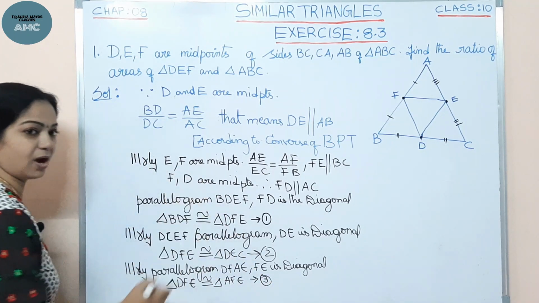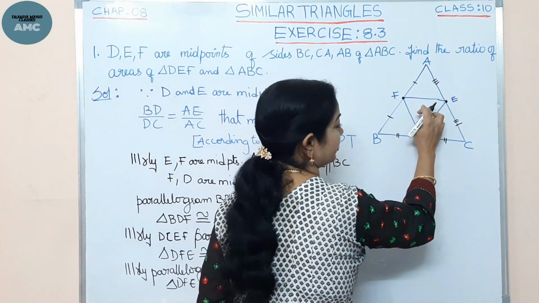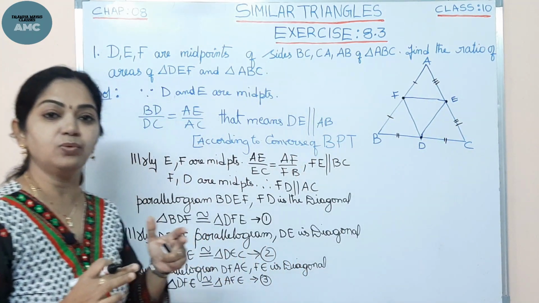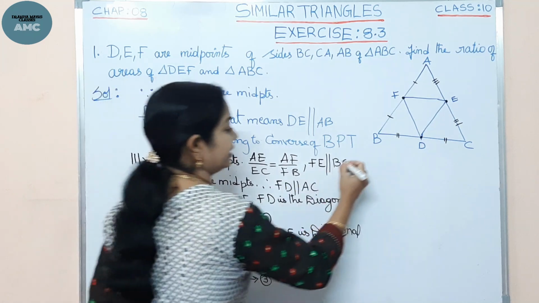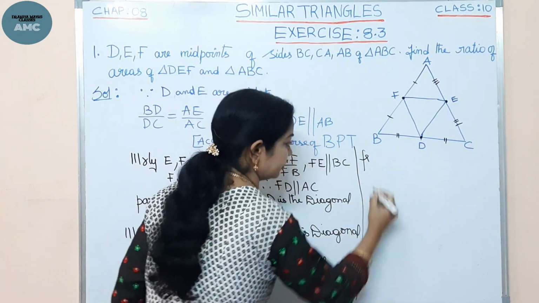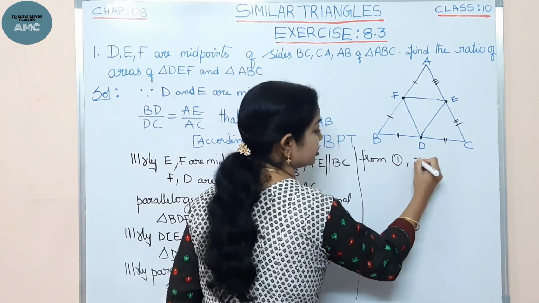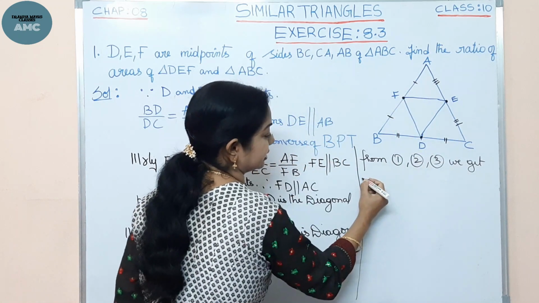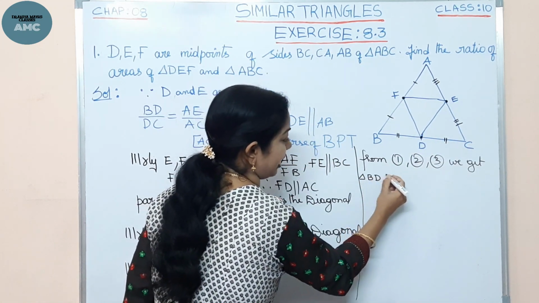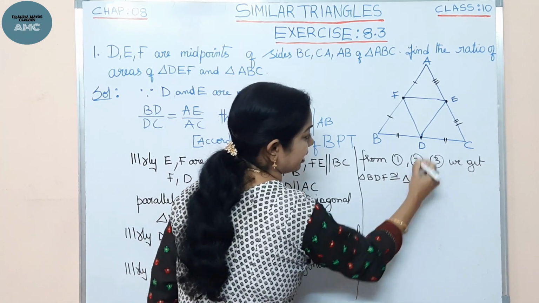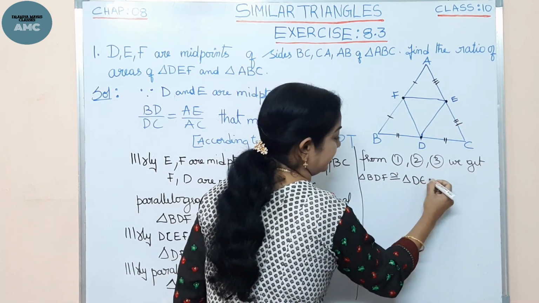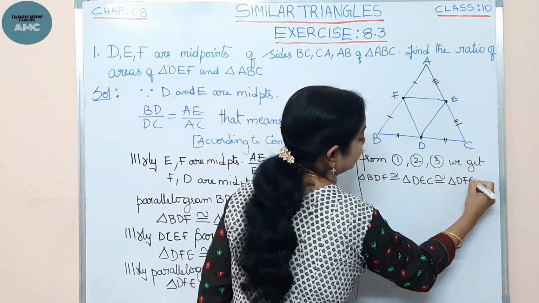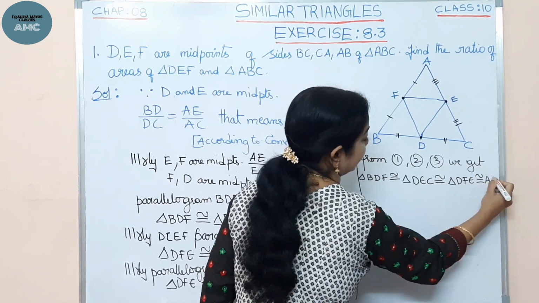Okay. So, from 1, 2 and 3, we got these two are congruent. Again, these two are congruent. These two are congruent. That means all are congruent to one another. From equations 1, 2 and 3, we get triangle BDF is congruent to the triangle DEC is congruent to the triangle DFE is congruent to the triangle AFE.